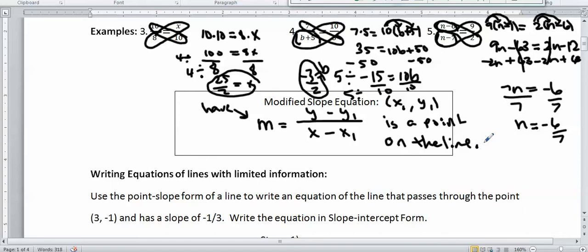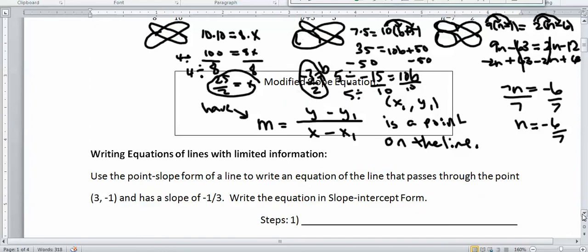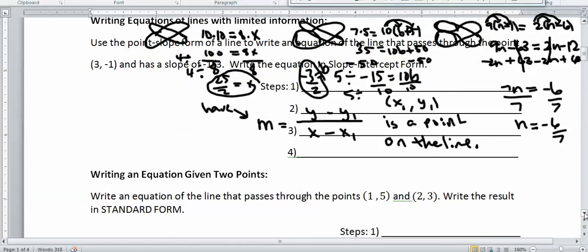Okay, so to write an equation of a line, you have to have at least the slope and one point on the line. Okay, so now let's use that information to help us solve for an equation.